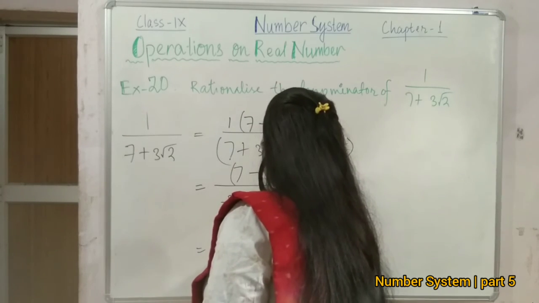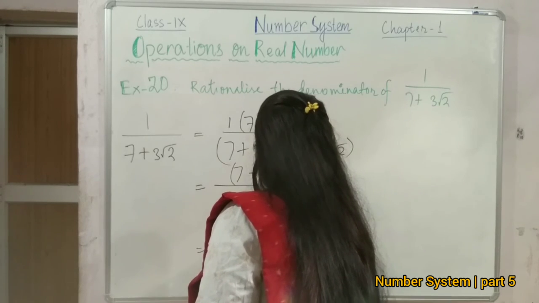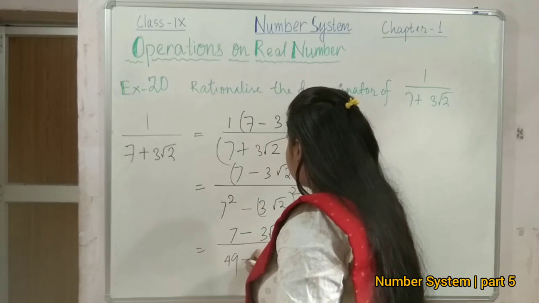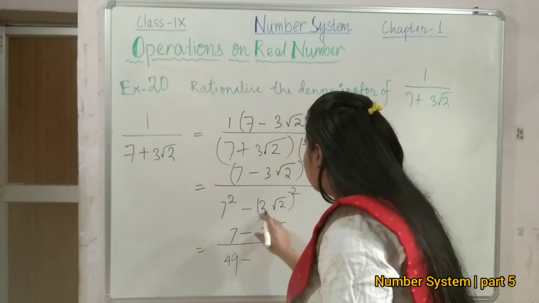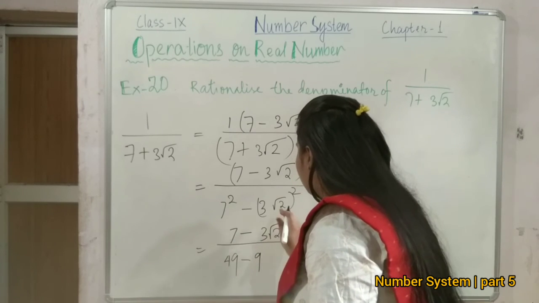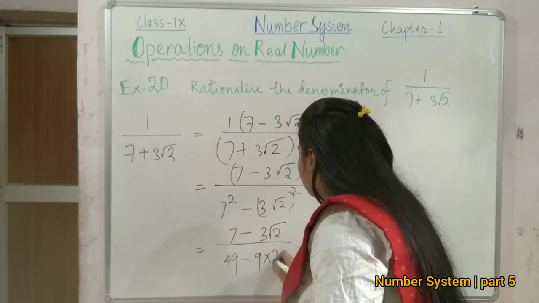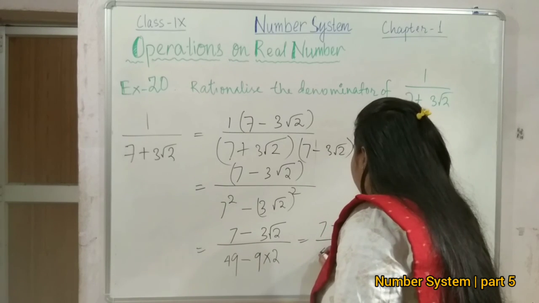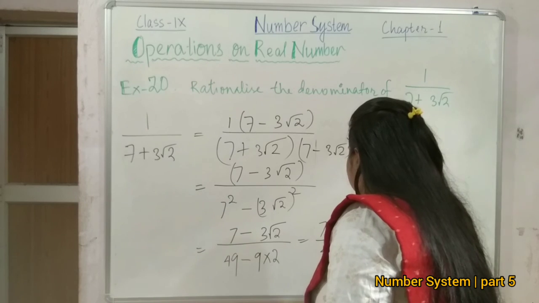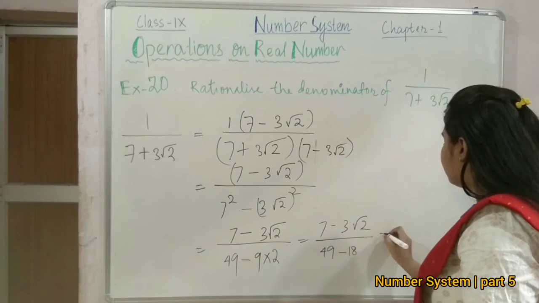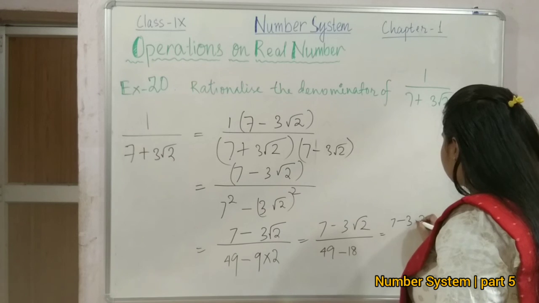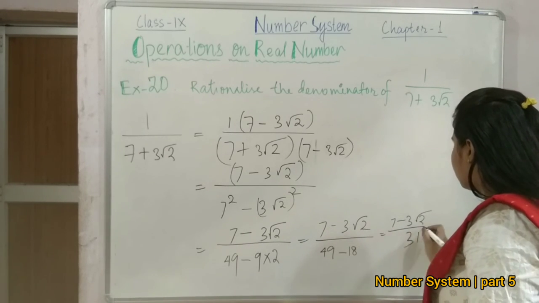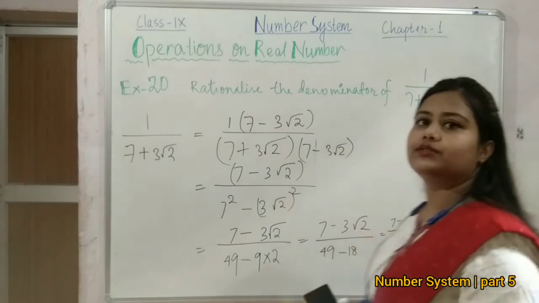So it becomes 7 minus 3 root 2 divided by 49. 7 square is 49, 7 sevens are 49, and 3 square is 9 and the square of root 2 is 2. So it is 7 minus 3 root 2 divided by 49 minus 18. That is subtracted. This is 31. This is the answer to this question.